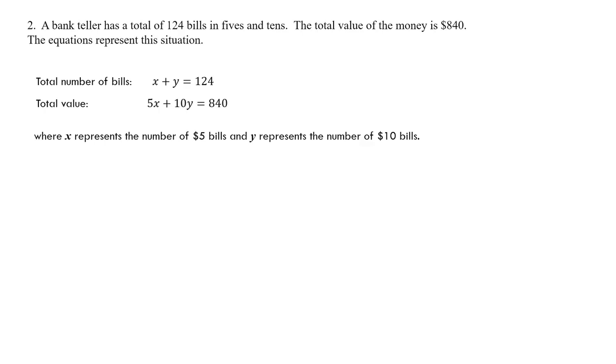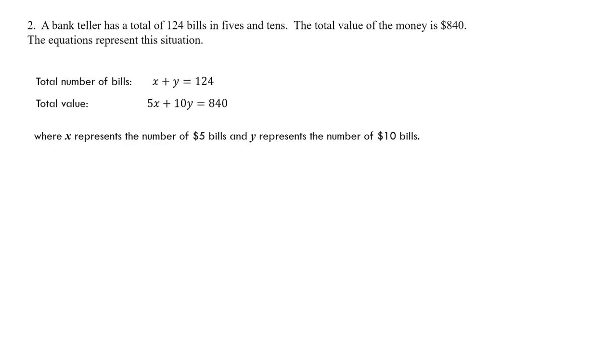X plus Y, or the number of 5s and the number of 10s, equals a total of 124 bills. $5 times the number of 5s plus $10 times the number of 10s equals a total value of $840. So there's our two equations.